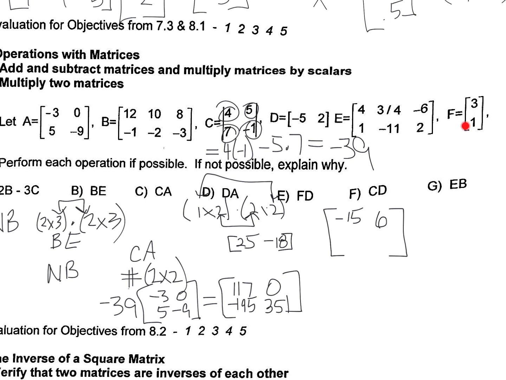And then we have row 2 times column 1 would be entry 2, 1. Negative 5 times 1 is negative 5. And then row 2 times column 2 is 1 times 2 is 2. And there's our FD. CD is going to be C, which is negative 39, times the matrix D.